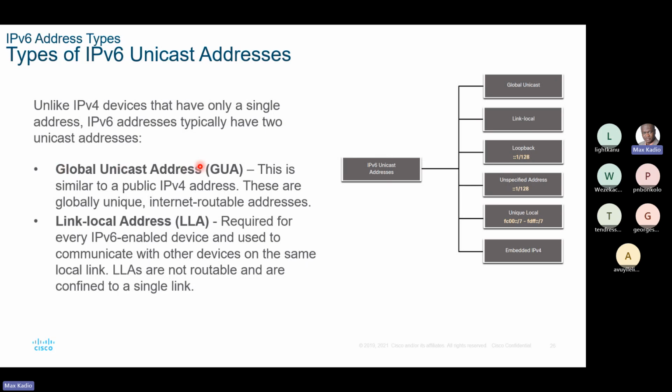Global unicast is like a public IPv4 that we can use to go to the internet. And we have link local, that is valid between you and me, between the PC and the switch or the PC and the router. It's valid only for these 2. So the 2 we will use most are global unicast and link local. You can also check these ones and we continue.